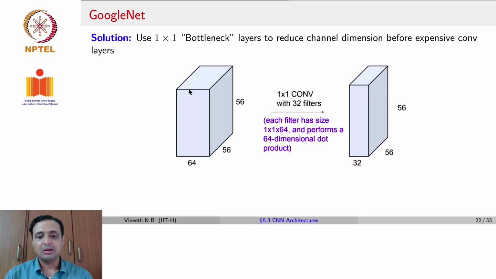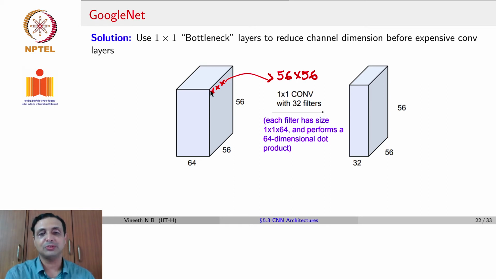And if you do that, the entire 56x56x64 will collapse to 56x56, because for each of those spatial locations, a 1x1x64 convolution will give you one scalar as an output, which means you'll be left with 1 pixel here, 1 pixel here, 1 pixel here, so on and so forth in the next layer, which would lead to a 56x56.